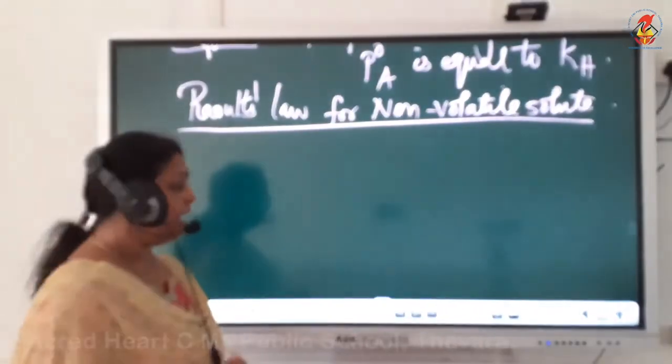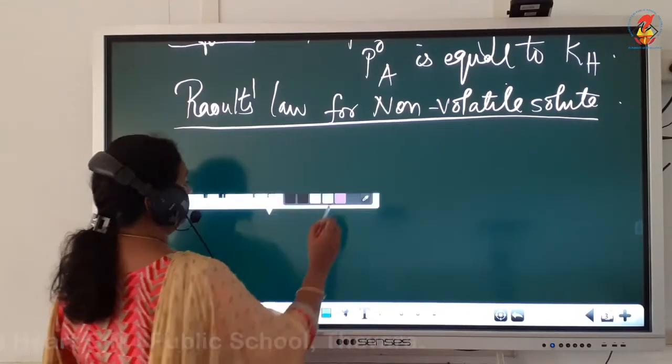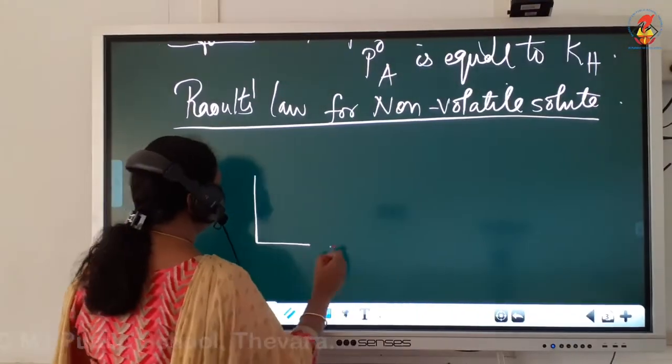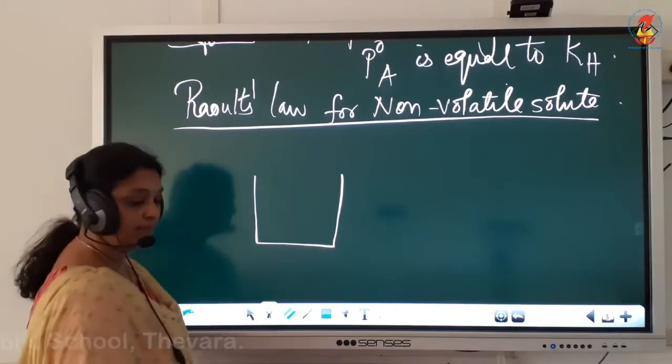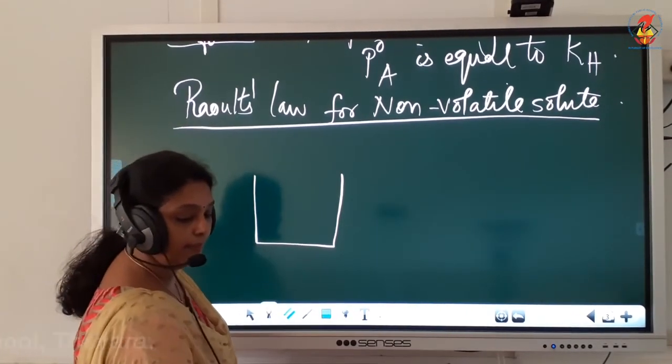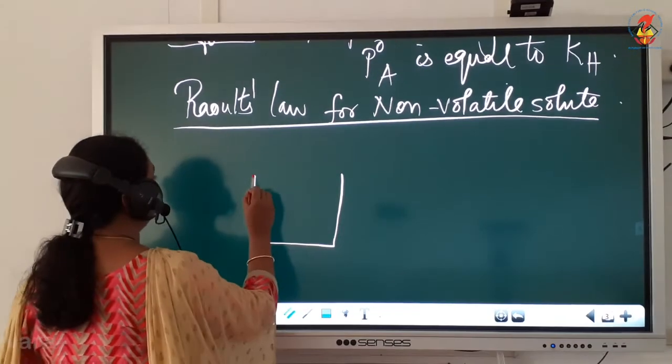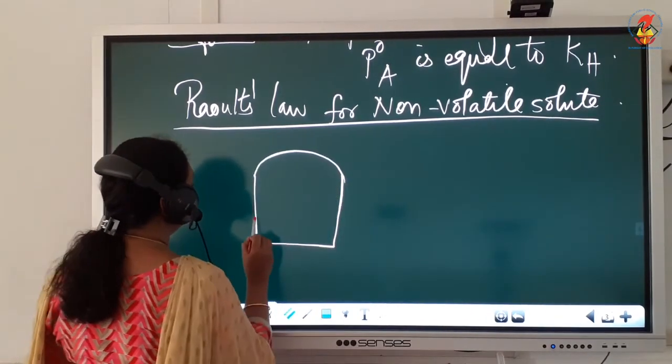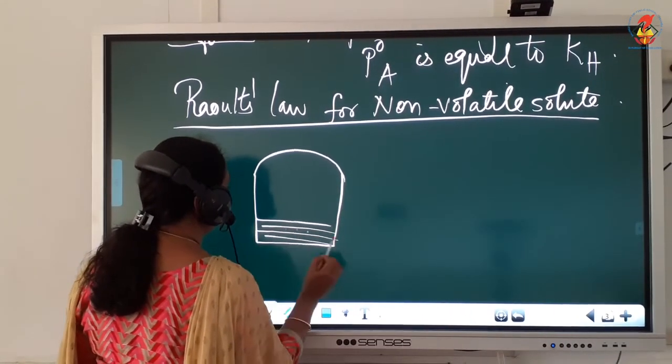Now, if we have only the solvent with us, for example, suppose I am taking a closed container, I am taking the solvent.